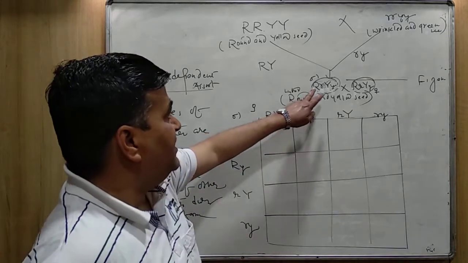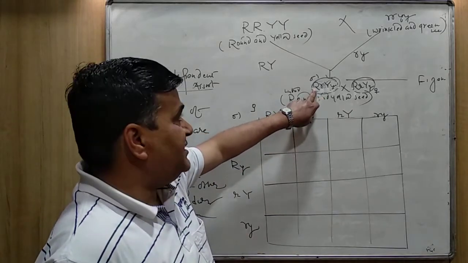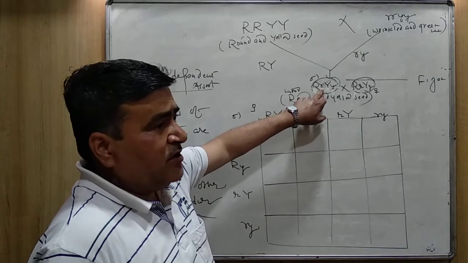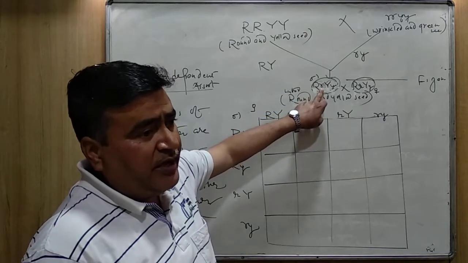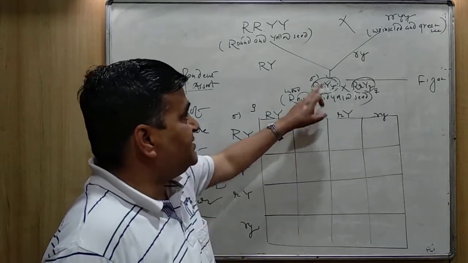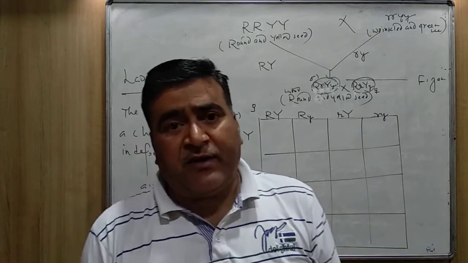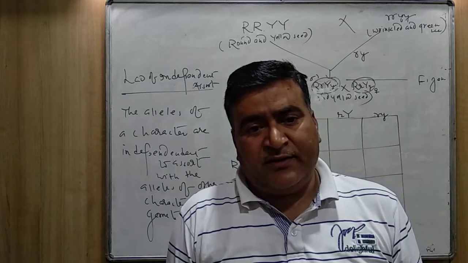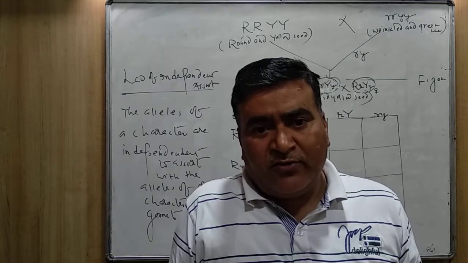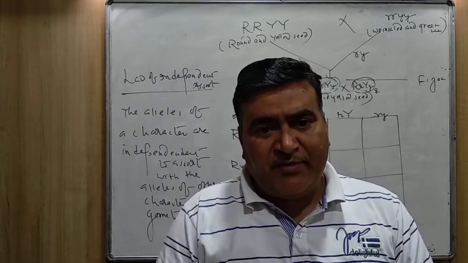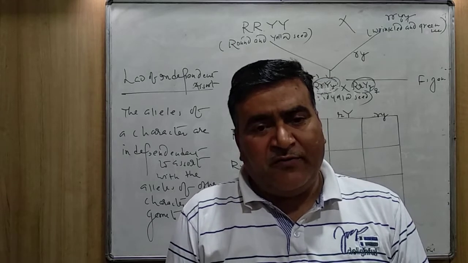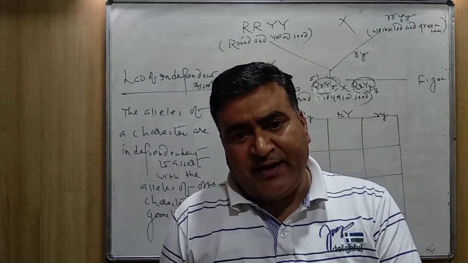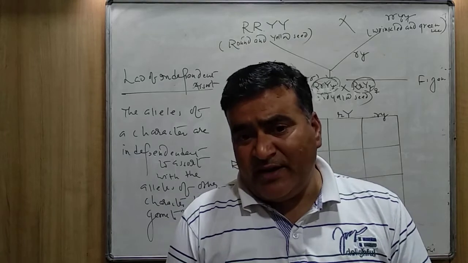It means, once again you can see here, the RR will never go into the same pollen grain. The capital Y and small y, both the alleles of the color, will never go in the same gamete. Only one allele will enter into a particular gamete.